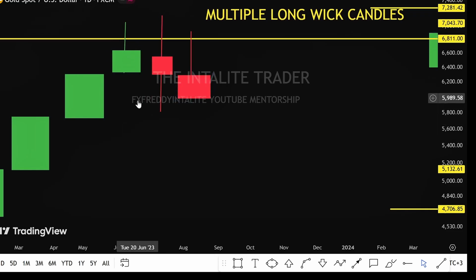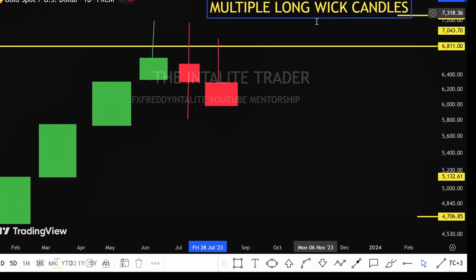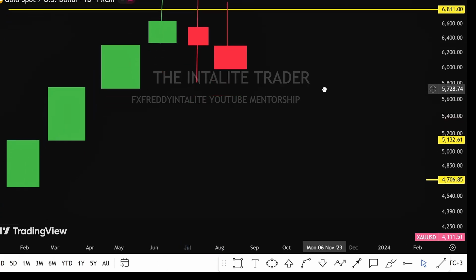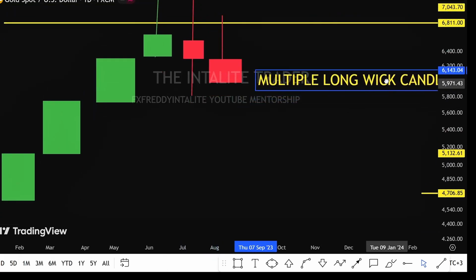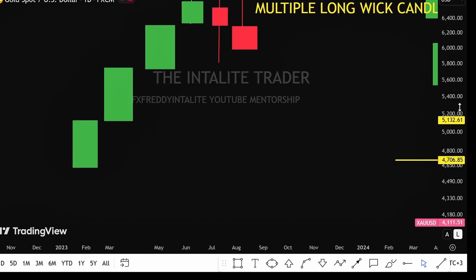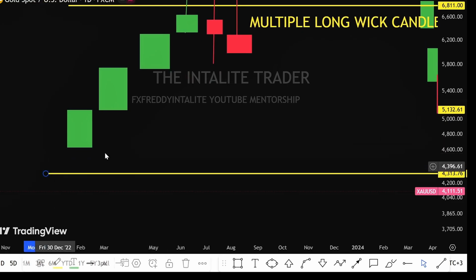It can be any, but as long as you have candles with wicks sticking out, we call them multiple long wick candles. And you as a trader, when you spot this, these are always high probability reversal trades.